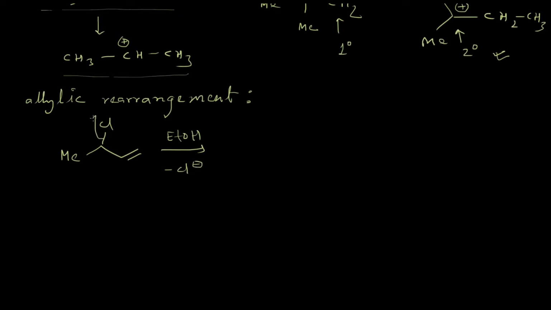This halide will leave the system as a leaving group and thereby produce this carbocation. So here this carbocation contains an adjacent vinyl group which can stabilize this carbocation via conjugation or resonance.